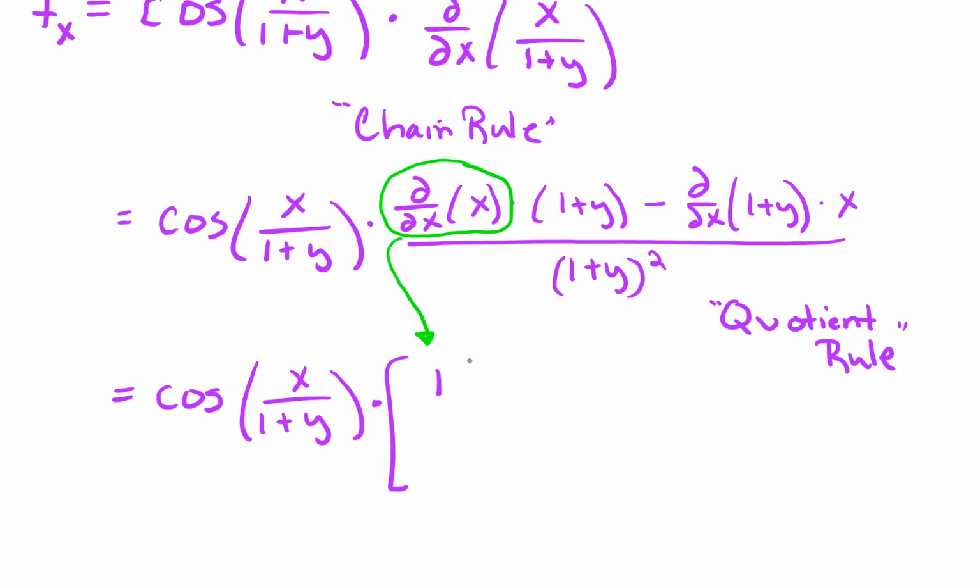Times the regular bottom, which was 1 plus y, minus the derivative with respect to x of 1 plus y. Well, this is just acting like a constant, so that's 0. And 0 times x is 0. All over the denominator squared.